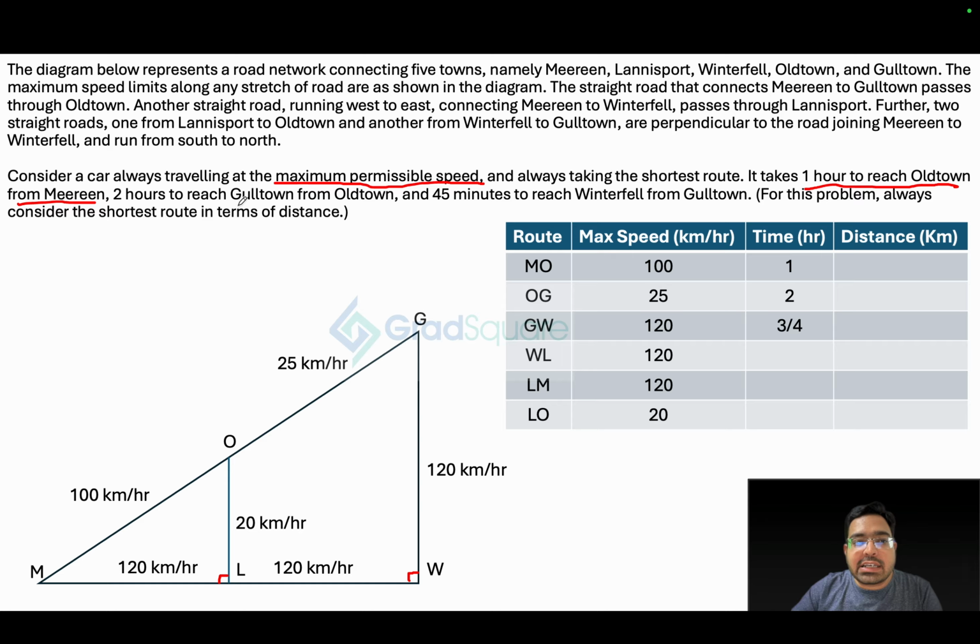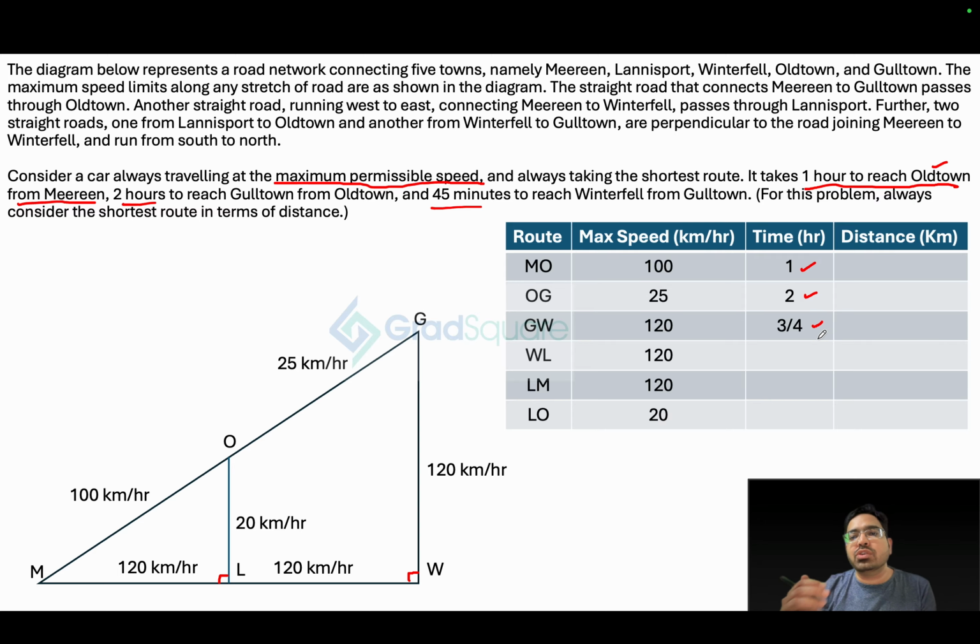This data says it takes 1 hour to reach O from the point M. So M to O, the time period is 1 hour. Similarly, it takes 2 hours to reach G from the point O. So O to G you are looking at 2 hours, and 45 minutes to reach W from the point G. So GW, this distance is covered in 3/4 of an hour, which is 45 minutes.